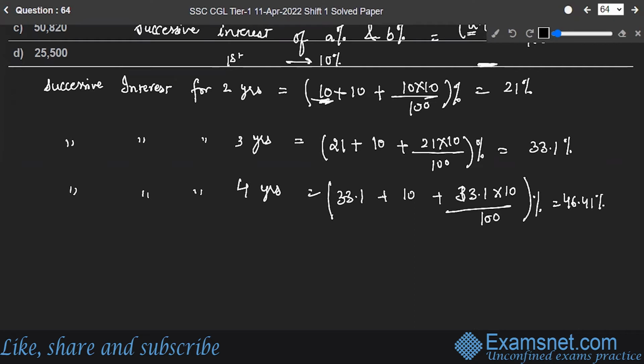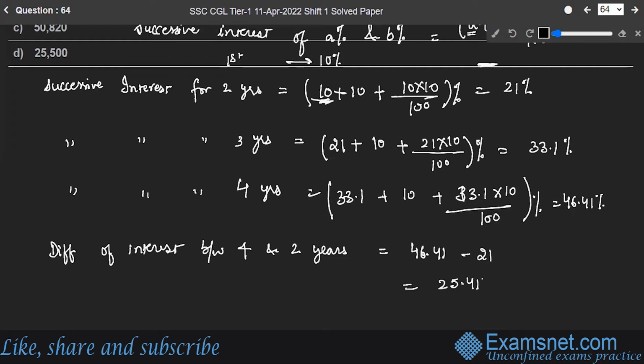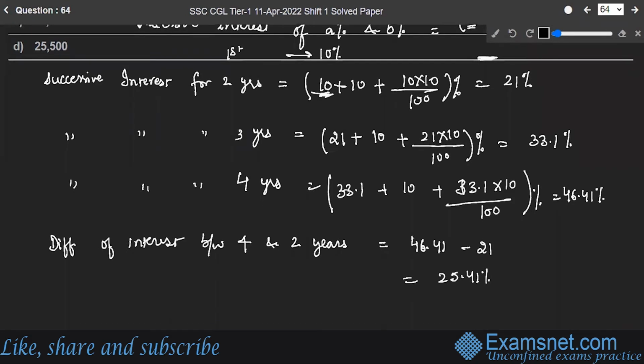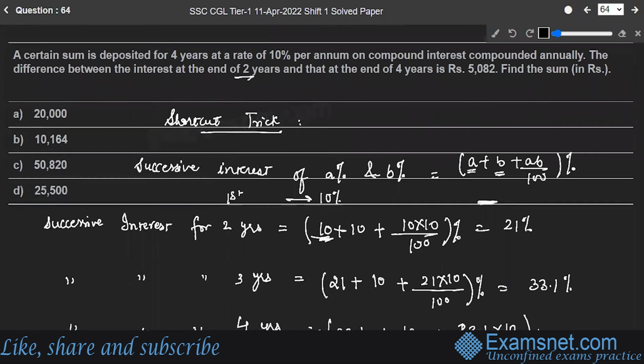Right? So now the difference of interest between 4 and 2 years is equal to 46.41 minus 21, which is equal to 25.41%. Right? And this 25.41 percent is equivalent to 5082.